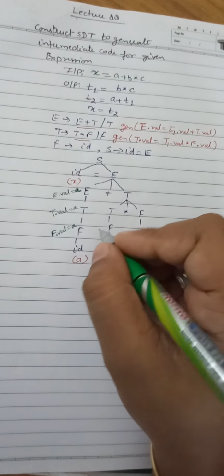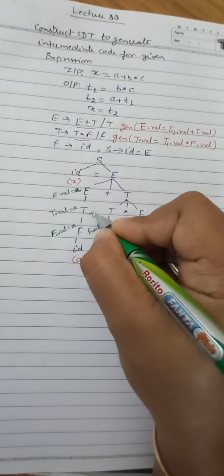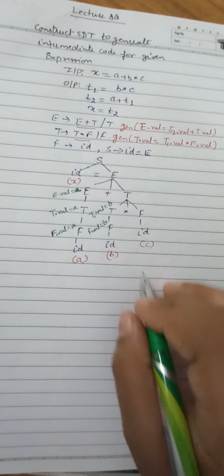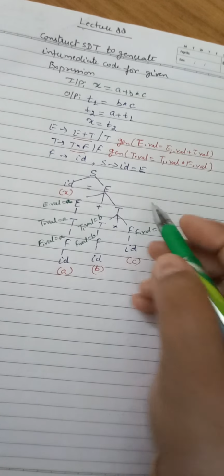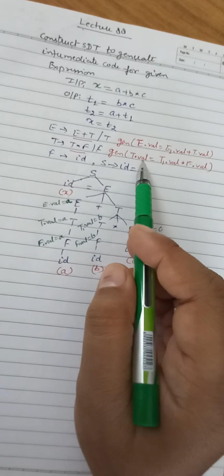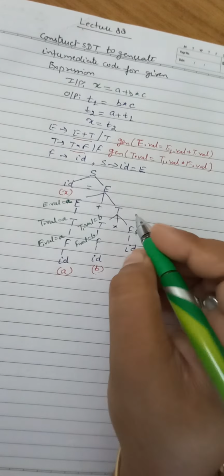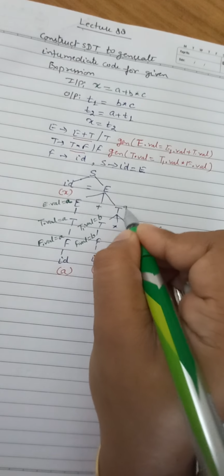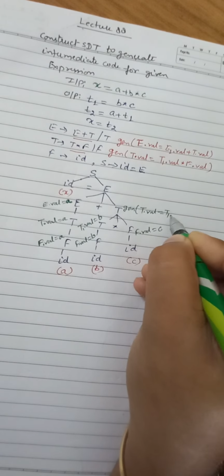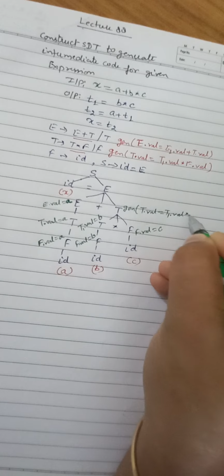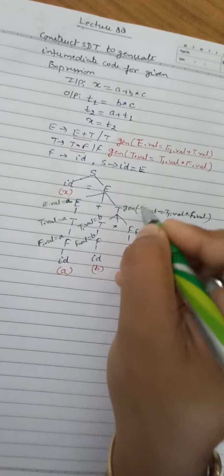And here also F dot val is equal to b, T1 dot val is equal to b, and here F dot val is equal to c. And now here this generate this one, T dot val is equal to T1 dot val into F dot val, because here what we have, T into F. So here what will come? Here will come gen T dot val is equal to T1 dot val into F dot val.